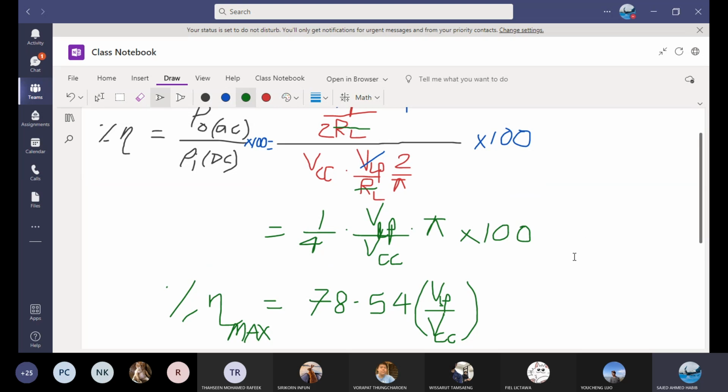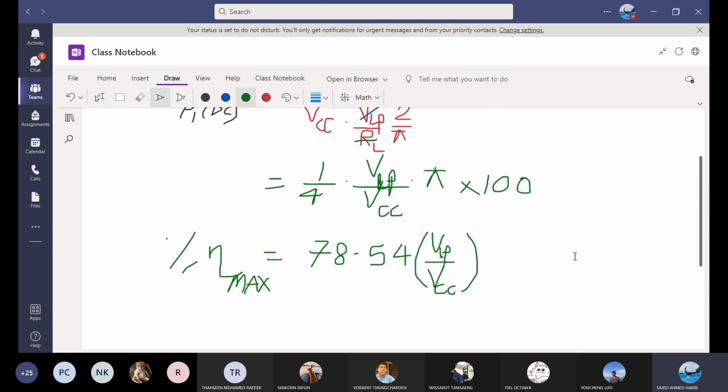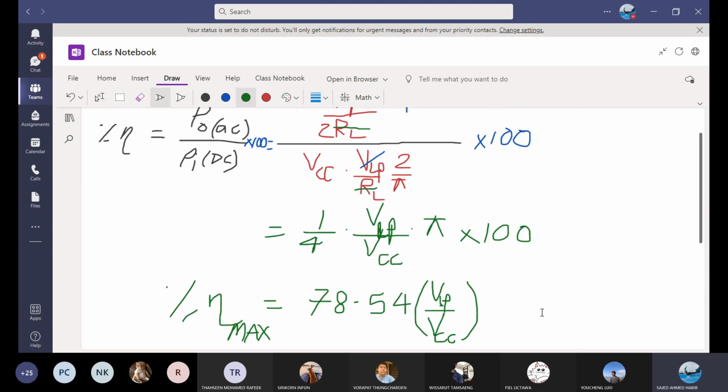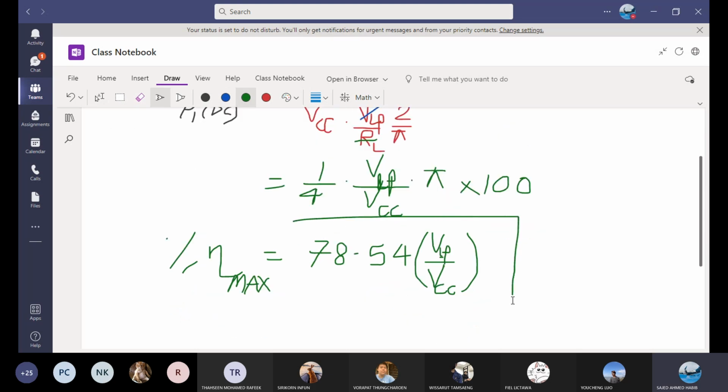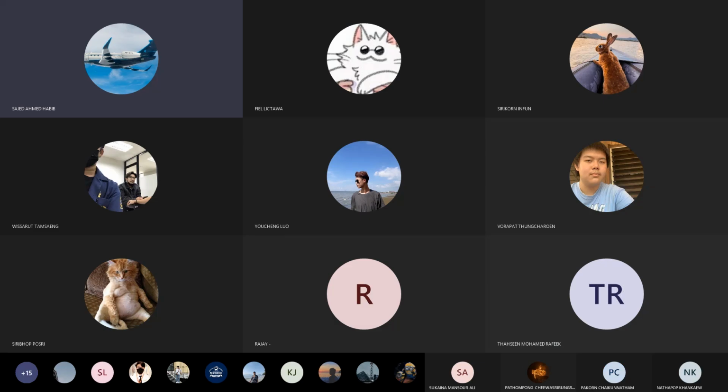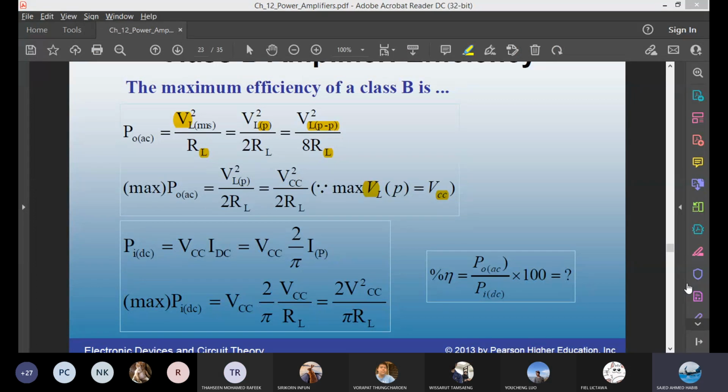This derivation is not done on the lecture slide. It is done somewhere in the textbook, in some problem. This whole equation is useful for some problems. We'll go back to the lecture slide. Here it provides you a question mark. Percent efficiency, how much?